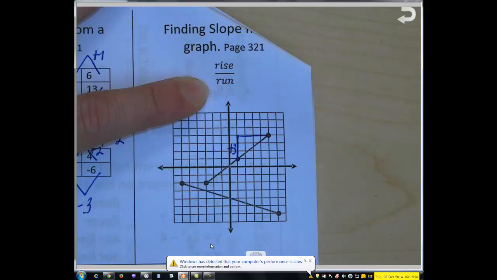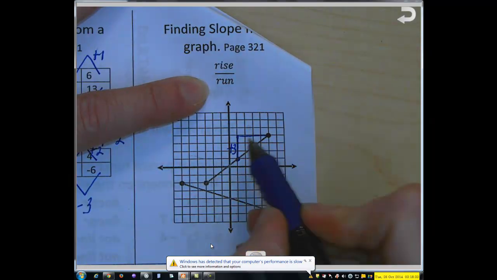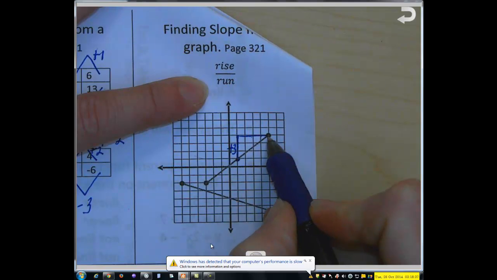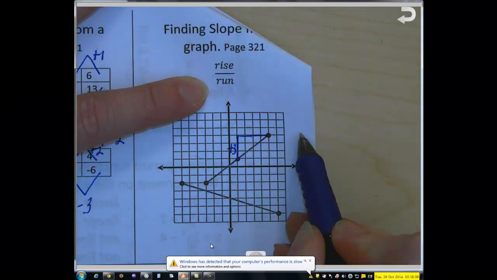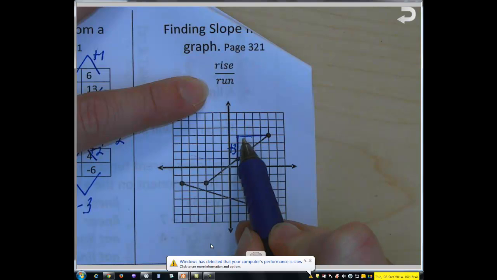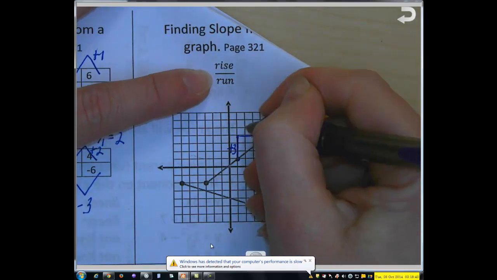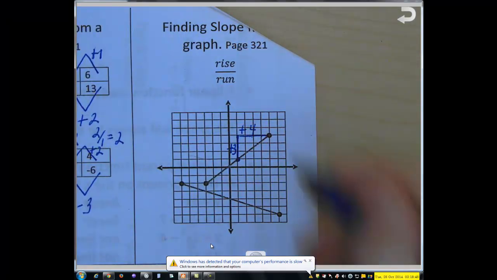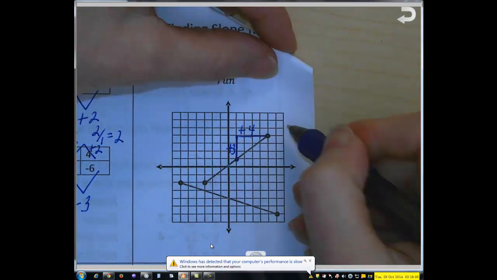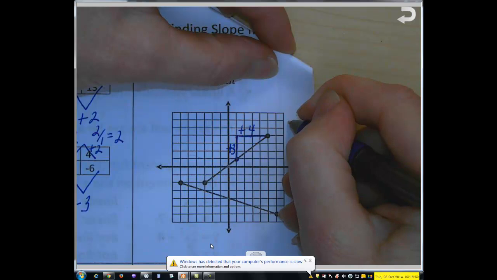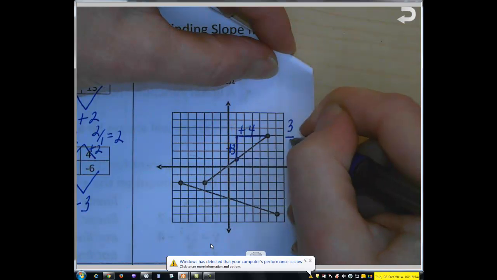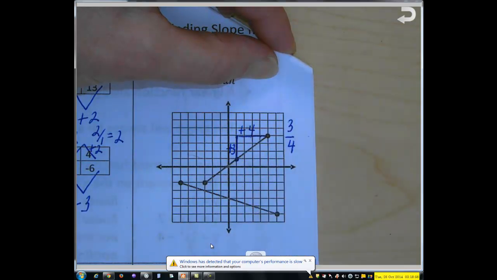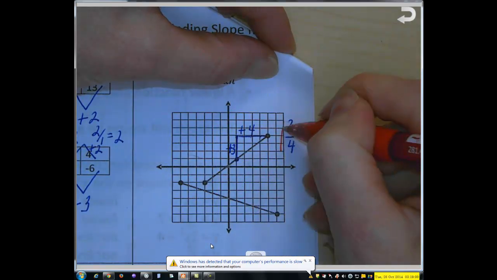So I'm going up 3, and then I'm going to the right 1, 2, 3, 4. And when I'm moving to the right, I'm moving in the positive direction of x. So this would be a positive 4. So my rise over my run for this line is going to be 3 over 4. So my slope of this line here is 3 over 4.